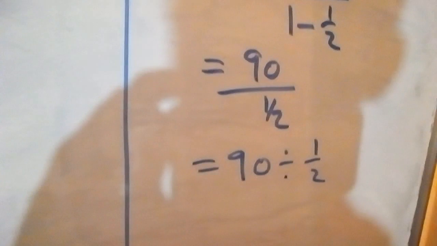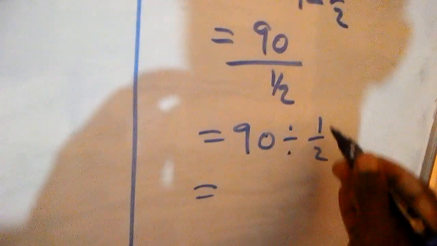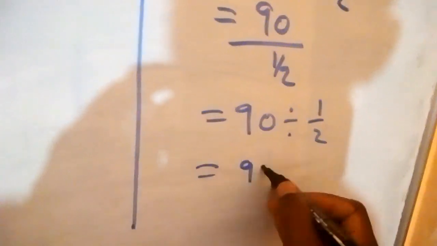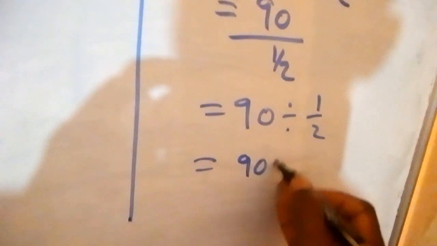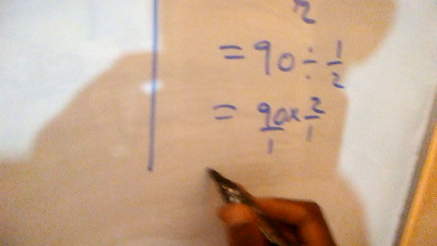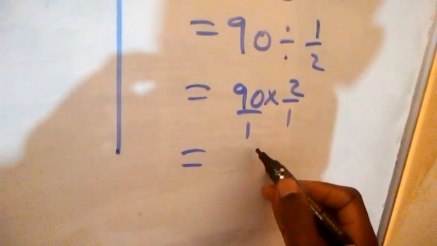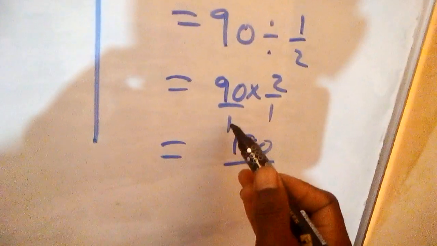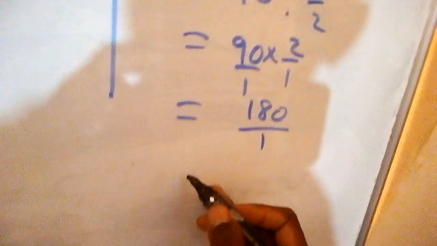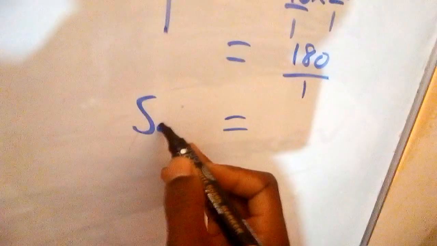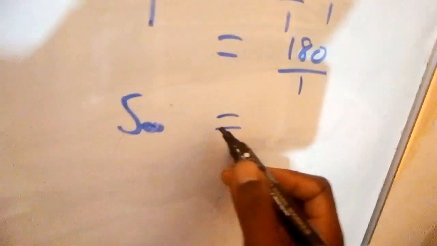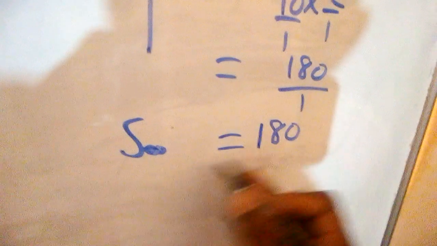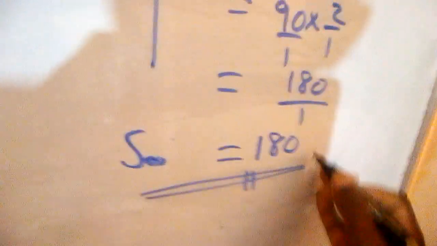So what you do here, when you reciprocate the fraction on the left-hand side, we're going to have 90 times 2/1, and this will give us 90 times 2, which is just 180 divided by 1 times 1, that's 1. Therefore, the sum to infinity in this case will equal 180. And this is the solution.